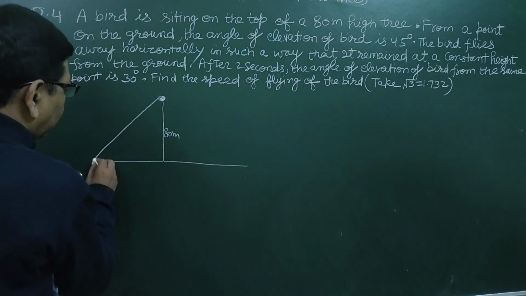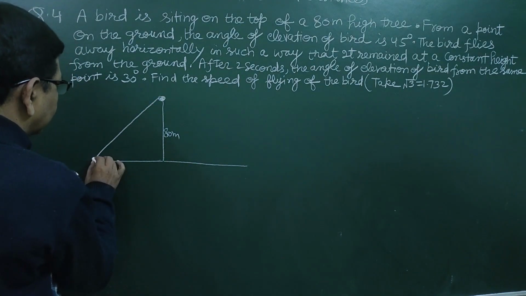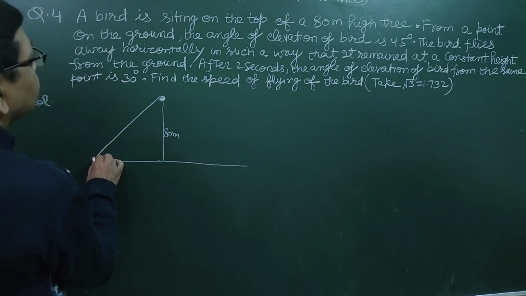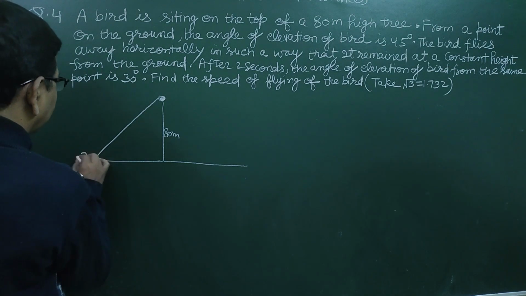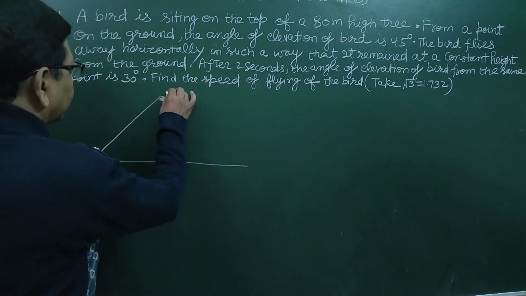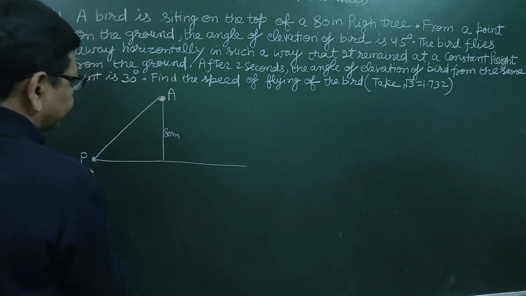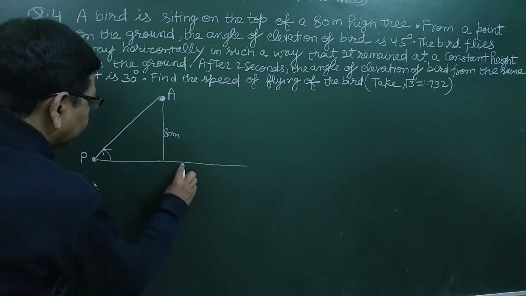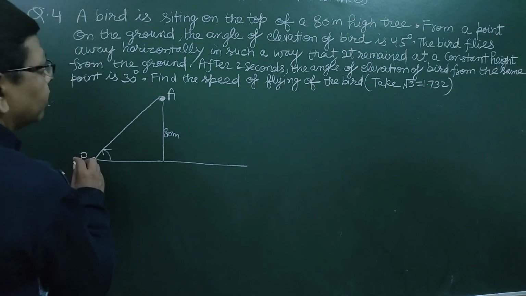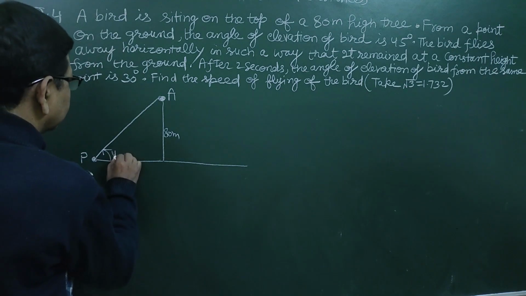This horizontal line and the line joining the point on the ground, let this point be P here, and the bird is at the point A. This angle of elevation of the bird from the level ground is 45 degrees.